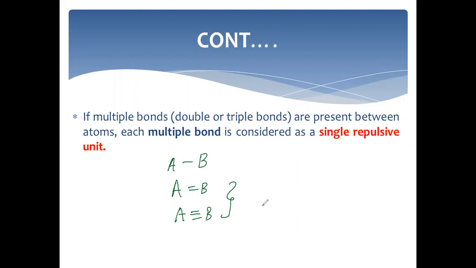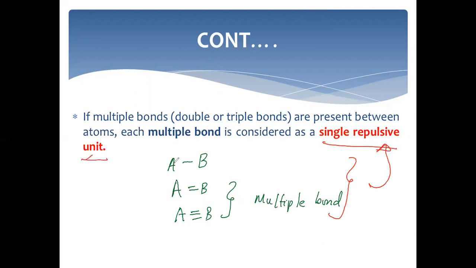Though it's a double and triple, we tell it as a multiple bond. Whether it is single, double or triple, these are all considered as a single repulsive unit.